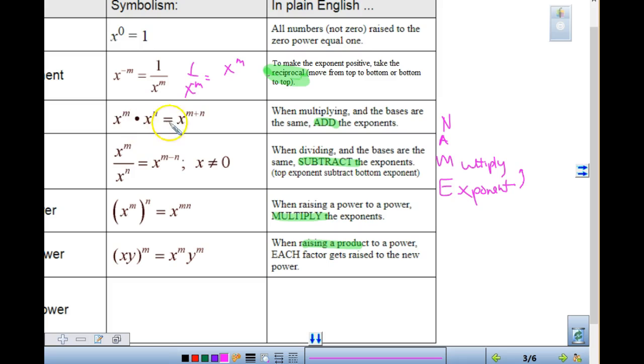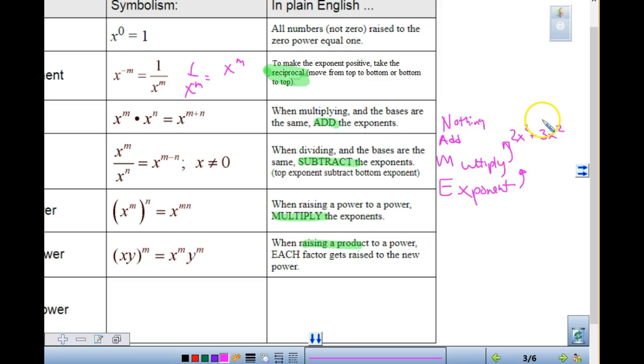When you are multiplying two powers, what do you do to the exponents? You add the exponent. Okay, so if you're thinking of that, we add that exponent. And if you are adding terms, meaning like 2x to the second plus 3x to the second, what are you doing to the exponent? You are doing nothing to the exponent.